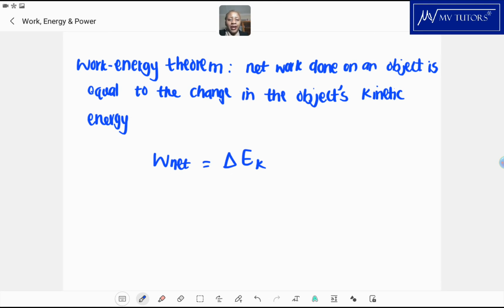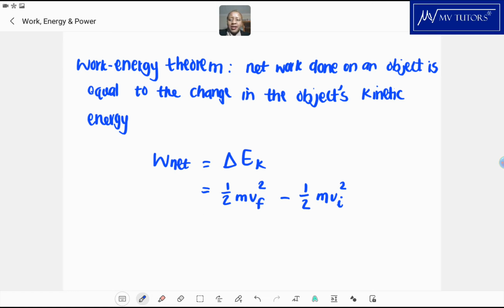I don't know how you guys do it at school, but I write my kinetic energy like this: energy, and then a small k to show that it's kinetic. If you were to expand it, kinetic energy is half mv squared, but now we're going to look at the final one, minus half mv squared initial.